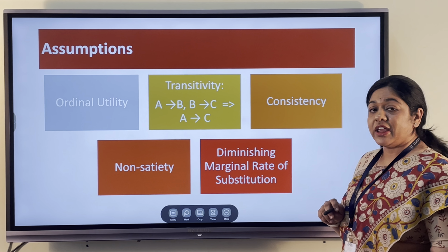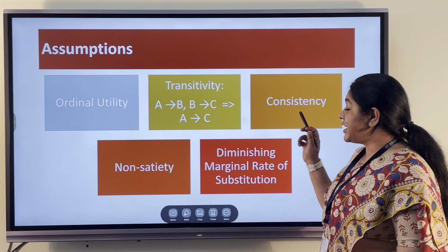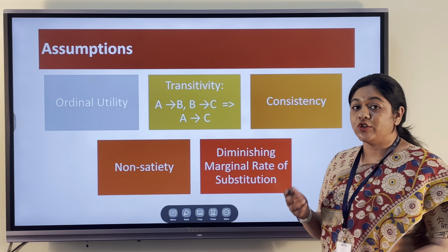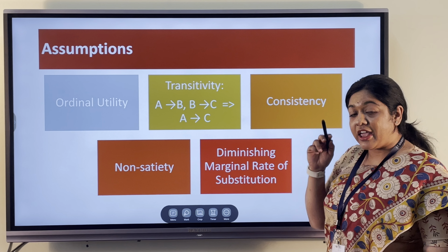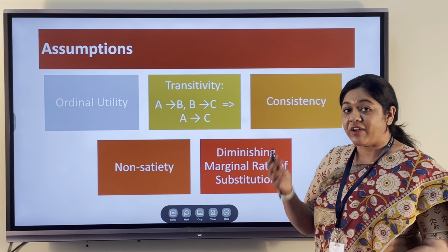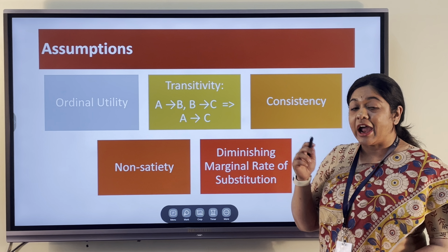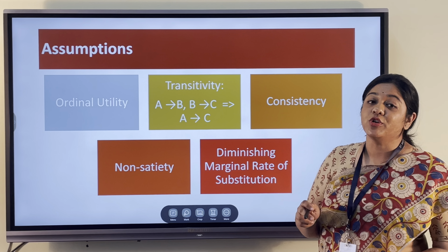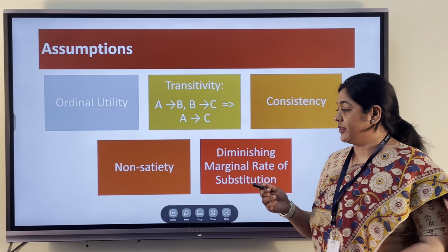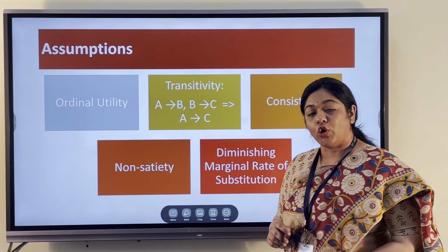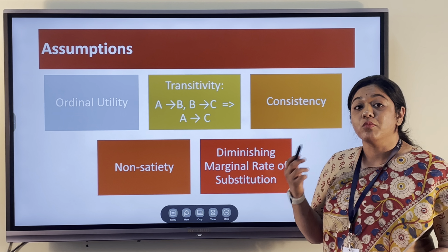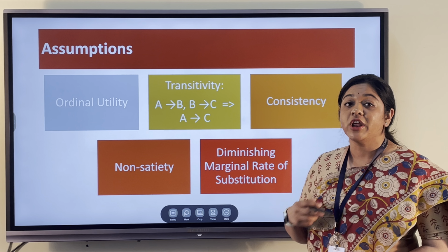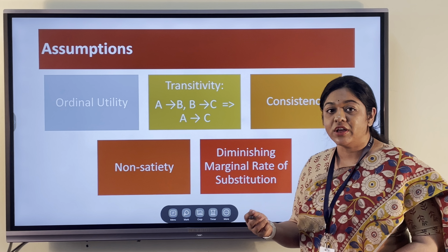The third assumption is consistency. The assumption of consistency tells us that if the consumer prefers one good over another at one point of time, then at another point of time also he is going to be consistent in his choices. Then the assumption of non-satiety, that is, more of a good is always better for a consumer; the consumer prefers more of a good.